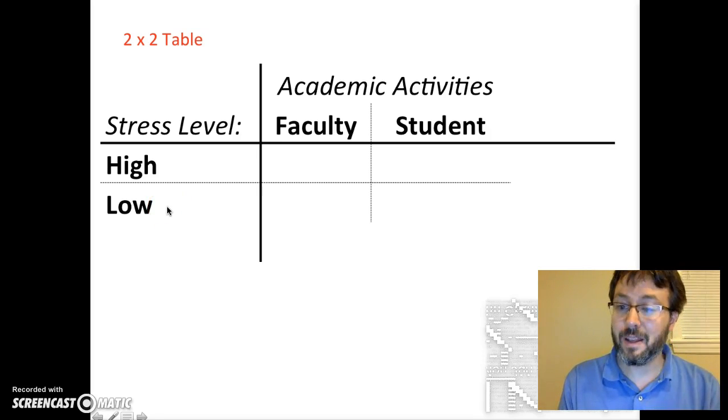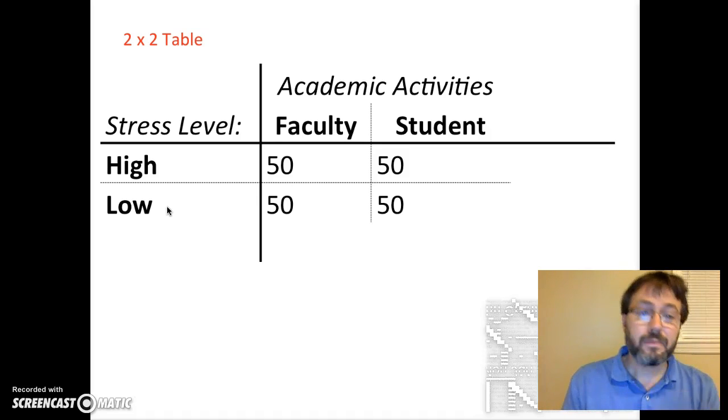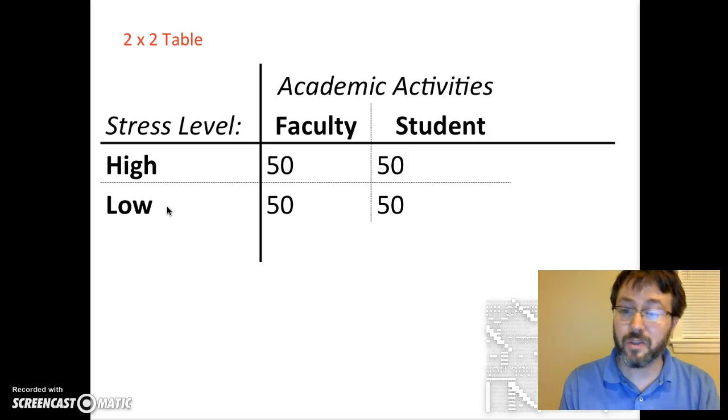And we're assuming that there is some sort of a test or an instrument for measuring stress, and we're able to take the findings from that instrument and categorize people based on a high or low stress level. So let's say, for example, we have 100 faculty and 100 students. We test them all, and we find that 50 faculty have high stress levels, 50 have low, and the same for the students.